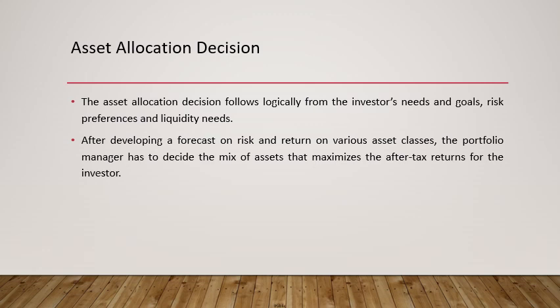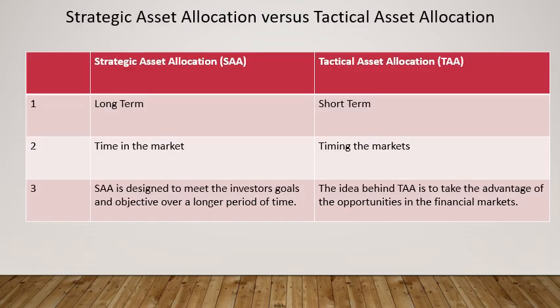Now we have moved to the last part of this chapter. You can do strategic asset allocation and tactical asset allocation. These are two types of asset allocation. Strategic asset allocation is long term, tactical is short term. Now you must have this differentiation also. In strategic asset allocation, you focus on how much time you will be in the market.